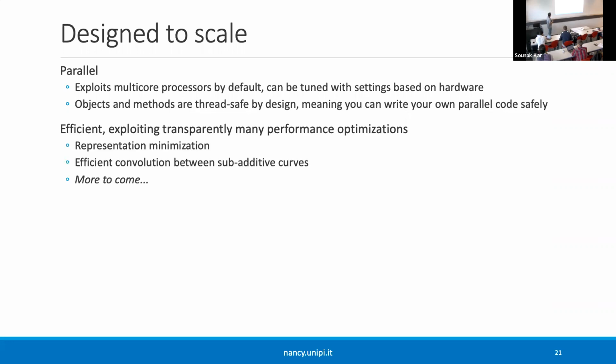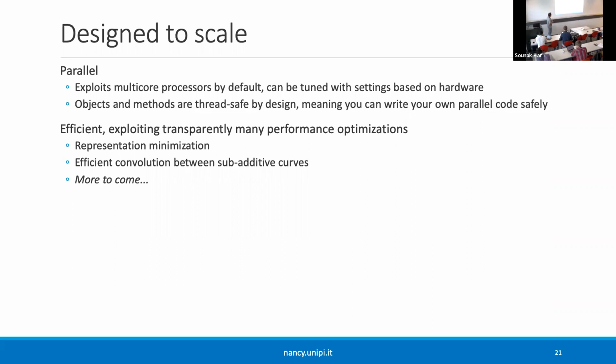And it's also designed to exploit, transparently to the user, many performance optimizations that are mainly based on the mathematical properties of the operands. Now, these optimizations deserve a talk by themselves.